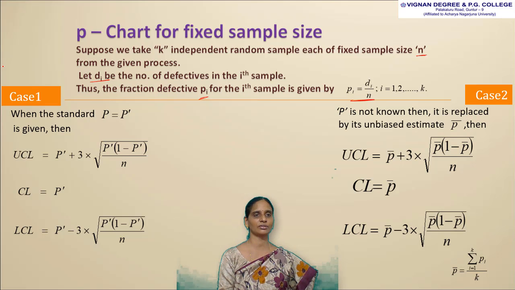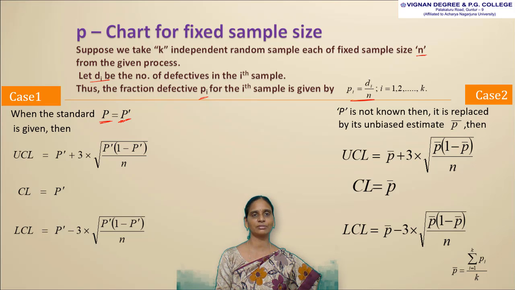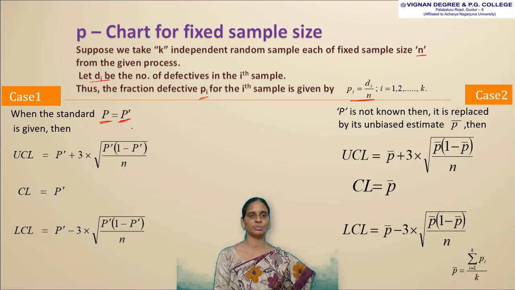First, case 1. In this case the standard value is given. The standard value of the P chart is capital P, and this is the given value. We denote the given value of capital P as P dash. Now we substitute this P dash value in the 3 sigma control limits for the P chart.